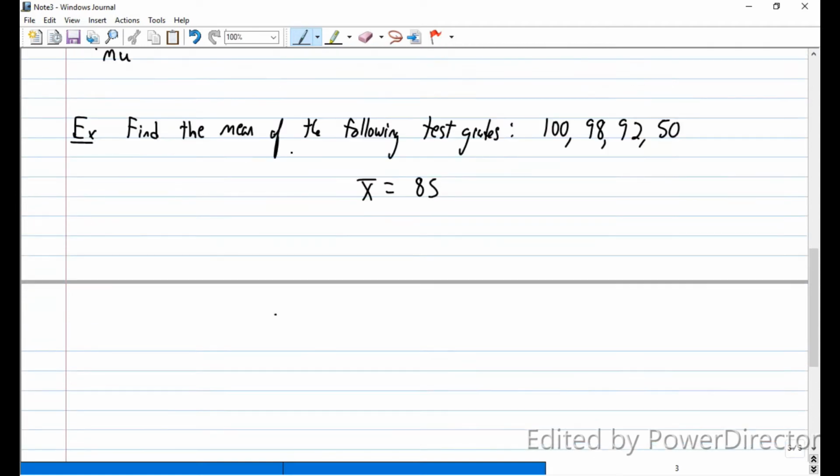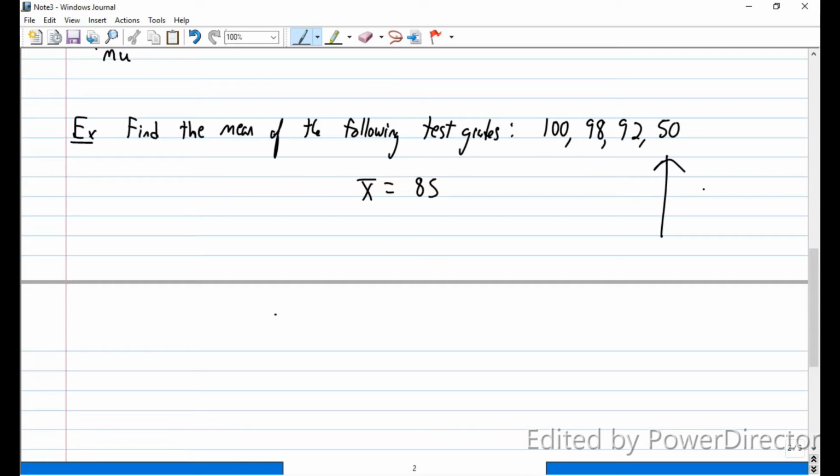This term, or this test grade 50 right here, that was a little different from the other test grades, wasn't it? That type of term, or that type of data item, if it's very different like that, that's called an outlier.